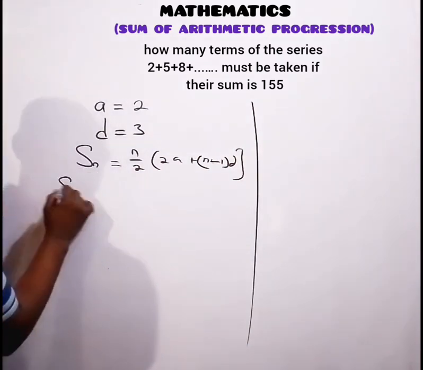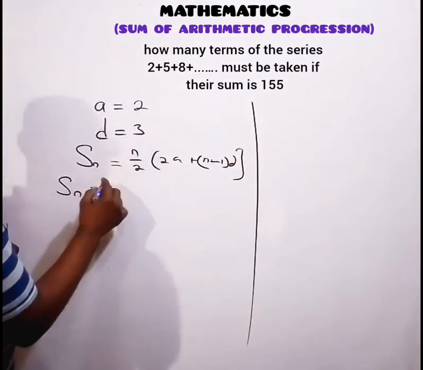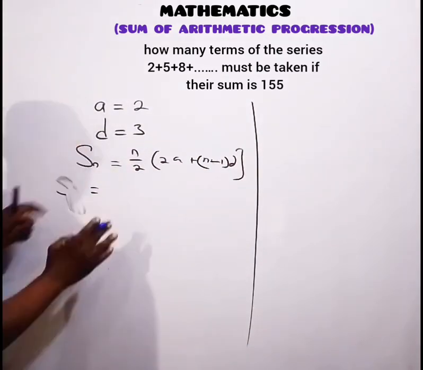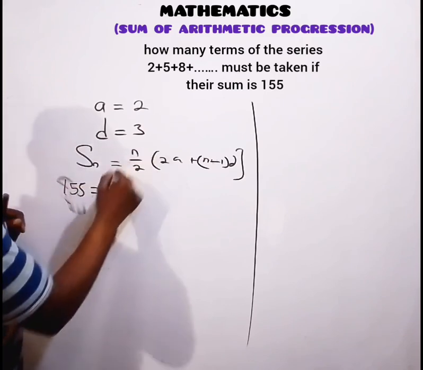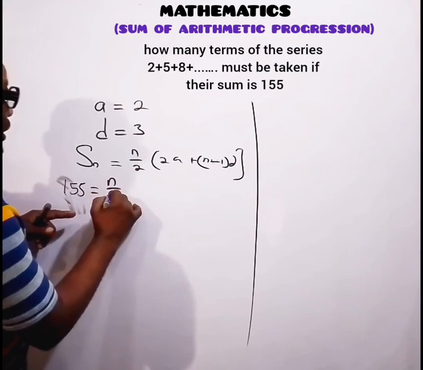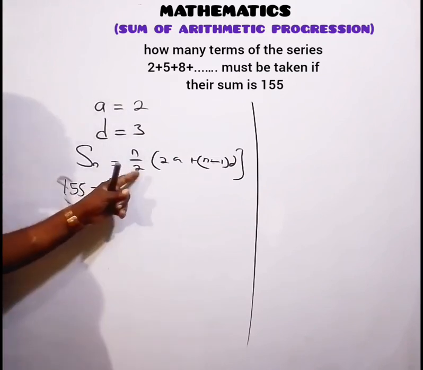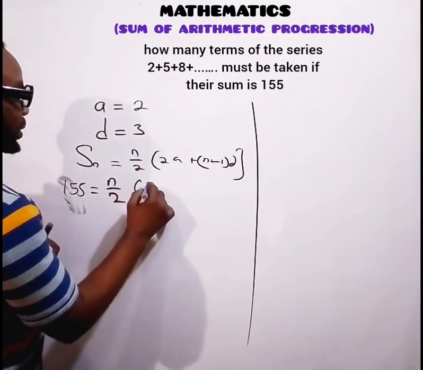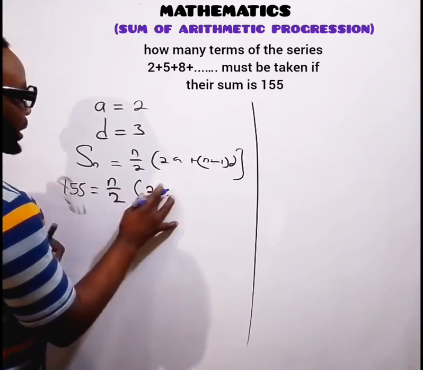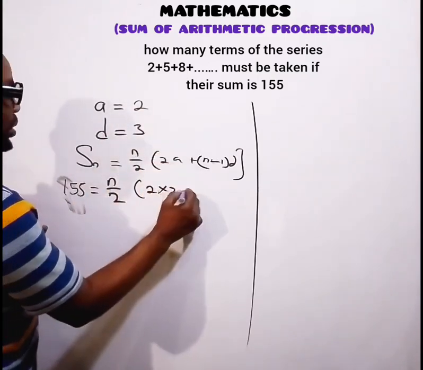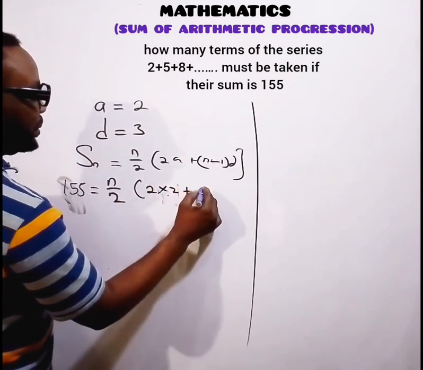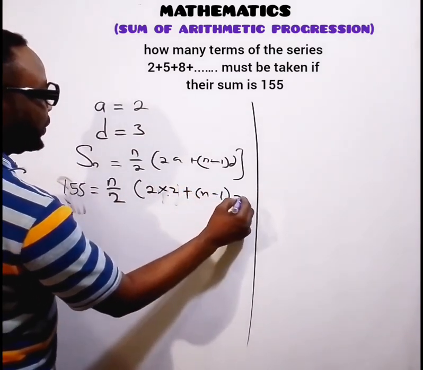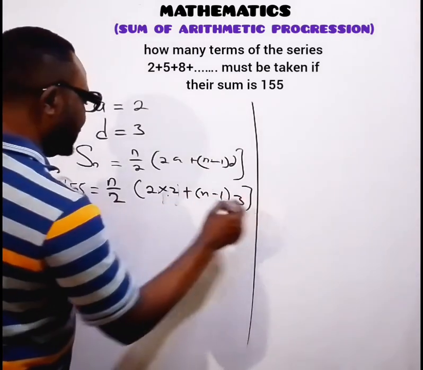Sum of n terms has been given to us as 155, equal to n over 2. We do not know n yet, into bracket 2a, 2 times 2, plus n minus 1 into bracket of 3. That is the common difference.